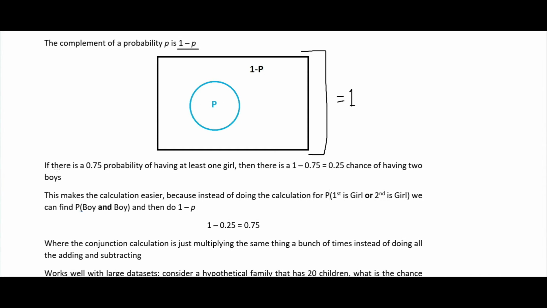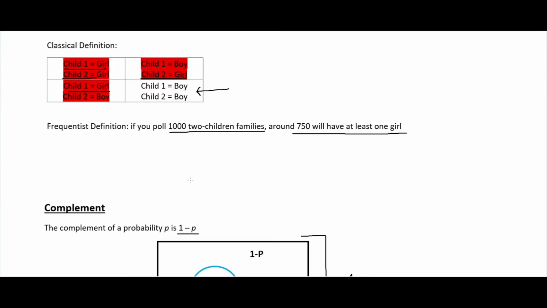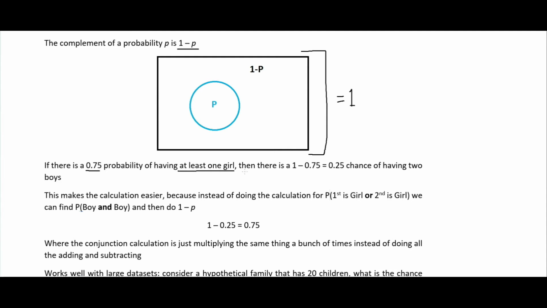So if we say there is a 0.75 probability of having at least one girl, then there is a 1 minus 0.75 equals 0.25 chance of having 2 boys, which is exactly what we saw up here. There is the 0.25, the 1/4 chance of having 2 boys. But if we do the complement, we can make this calculation easier.